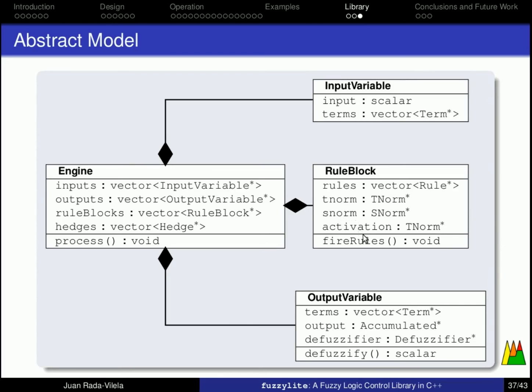This is the activation operator, and fire rules triggers all the inference process. Lastly, the output variable also has a vector of terms, an accumulated output, which we have defined before, a defuzzifier, and a wrapper called defuzzify, which makes the defuzzifier defuzzify the accumulated output.